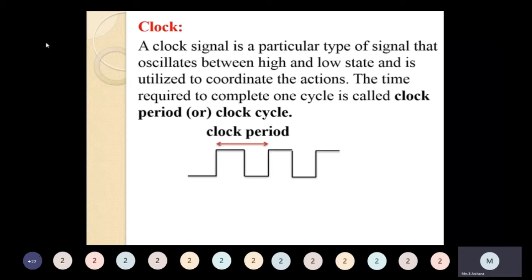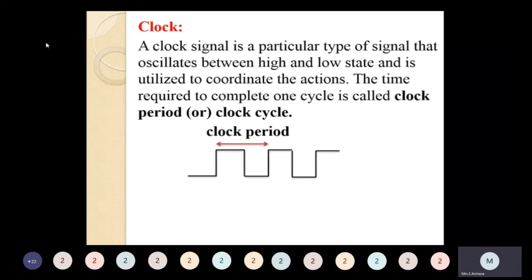High means the value is 1, we know that. Low means the value is 0. So it moves from 0 to 1 or 1 to 0, vice versa, to coordinate some actions. That is called a clock signal.